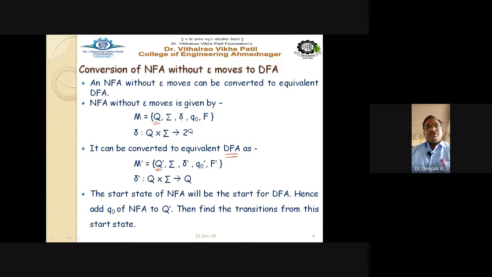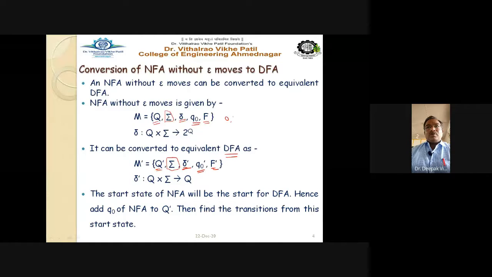In the original NFA, we have the delta transition, but we have to find out the delta dash transition. In the original NFA, we have Q0, the start state, but here we have to find out Q0 dash. The final states in the NFA are converted into F dash, the final states that we have to find out for DFA, right? The only parameter that remains unchanged is your input alphabet. Input alphabet is not going to be changed here.